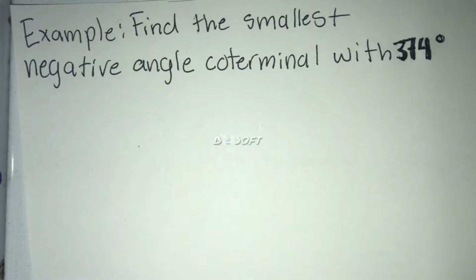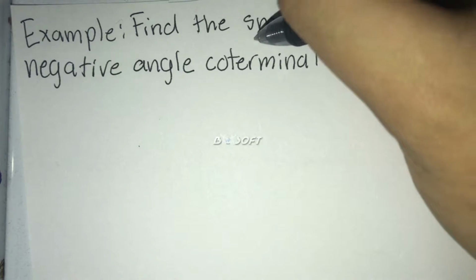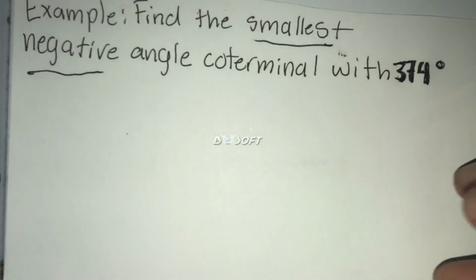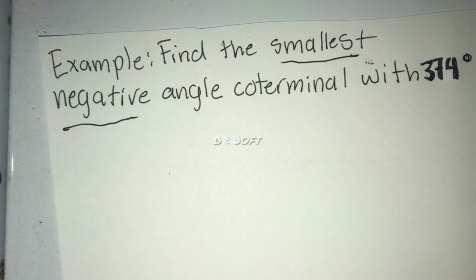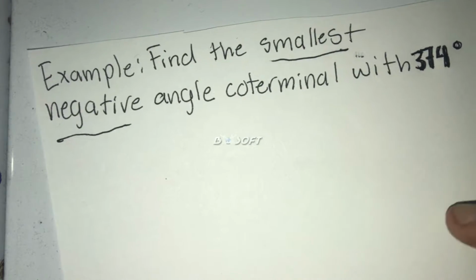For our third example, it asks us to find the smallest negative angle coterminal with 374 degrees. So it asks for a negative angle, so we have to subtract. And we're dealing with degrees, so we have to subtract 360 degrees from 374.